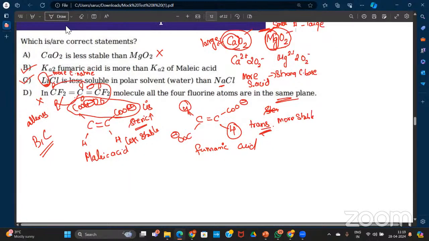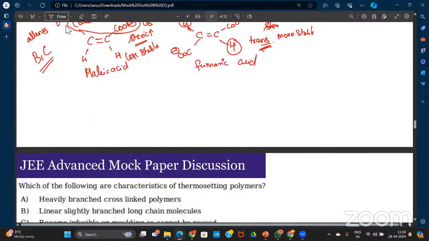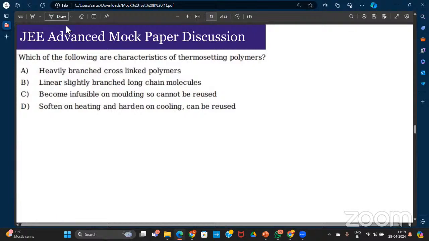So the next question is, which of the following are characteristics of thermosetting plastics?